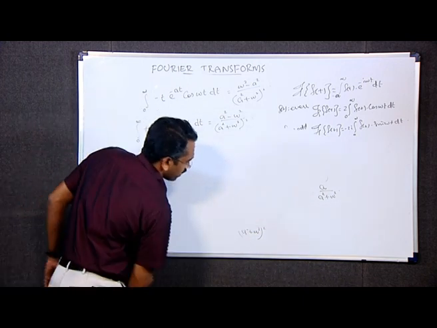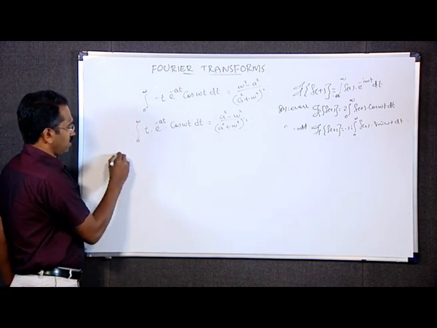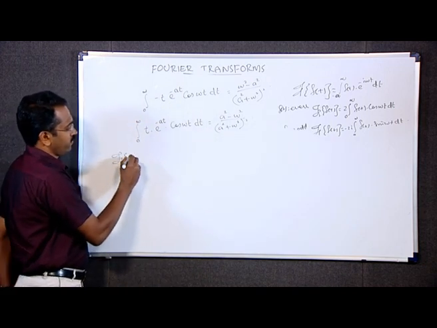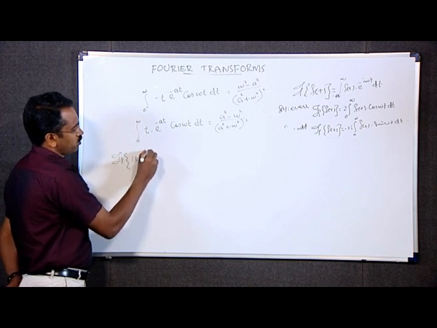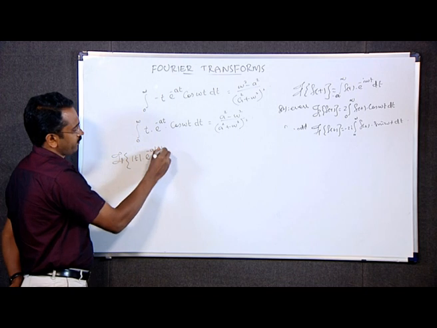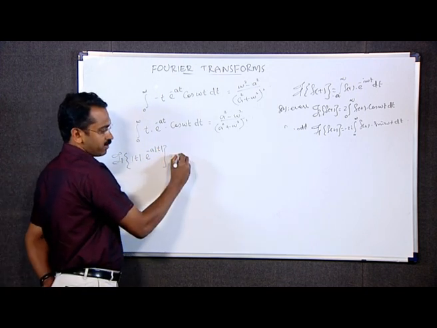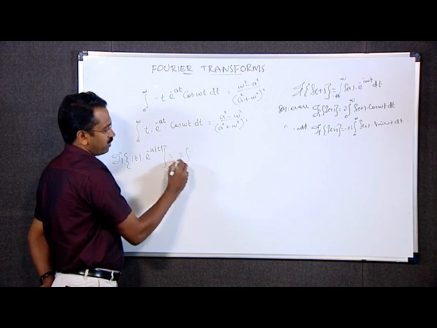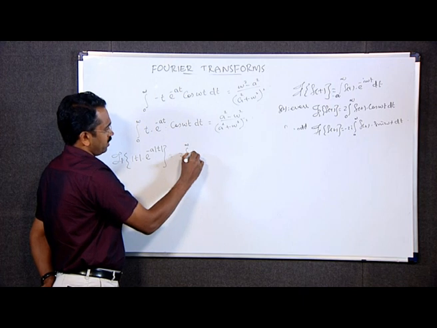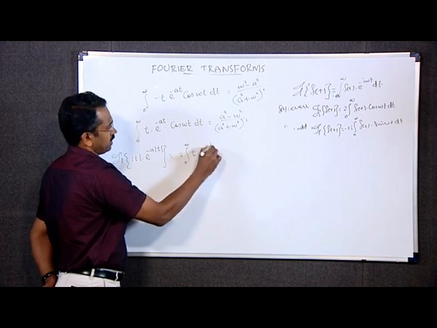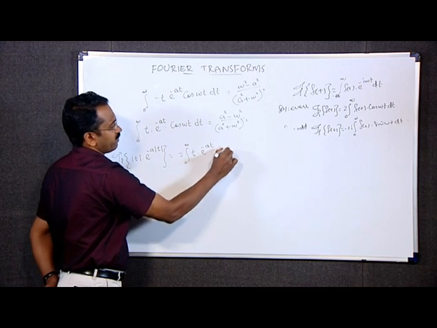Therefore, the required Fourier transform, that is the Fourier transform of mod t into e raised to minus a mod t. Since this is an even function, the definition will become 2 times integral from 0 to infinity t into e raised to minus a t into cos omega t dt.